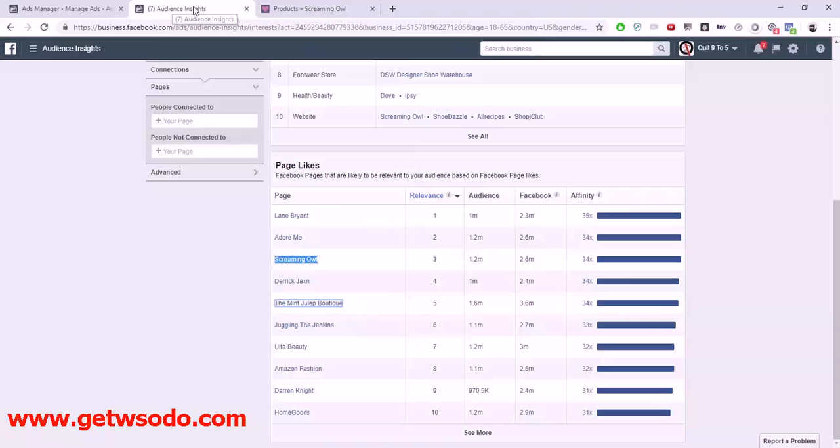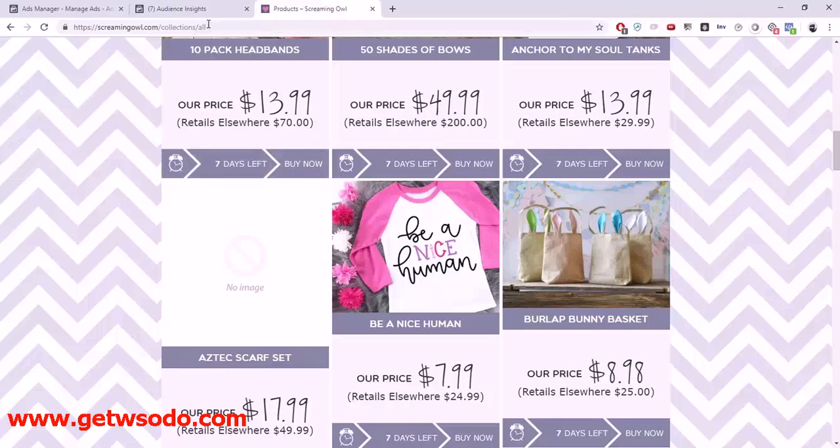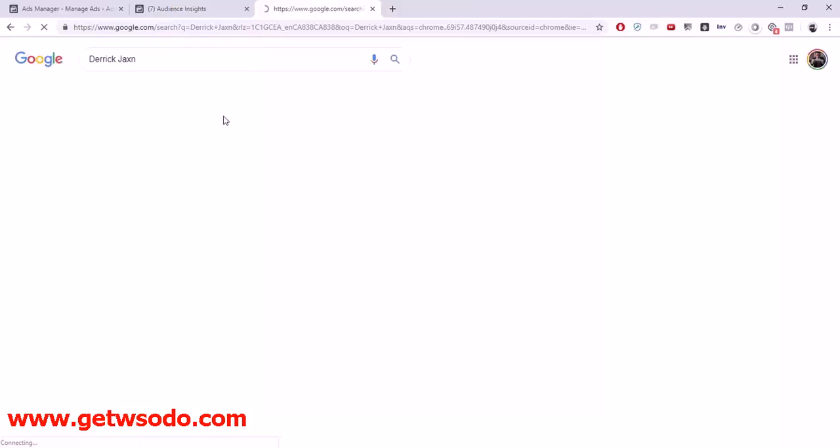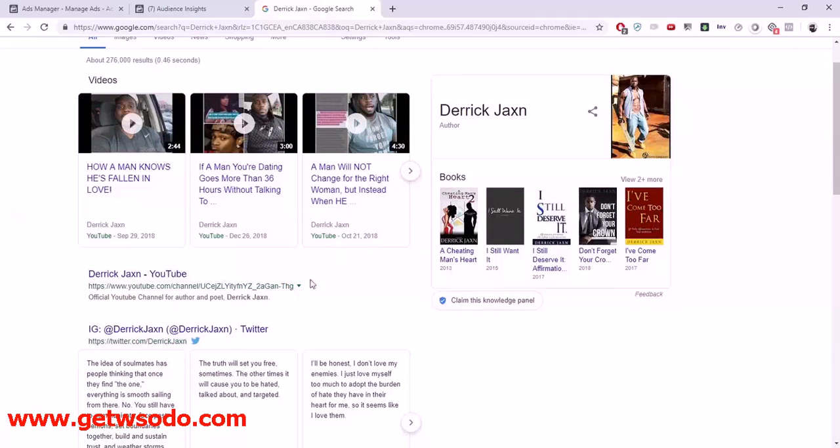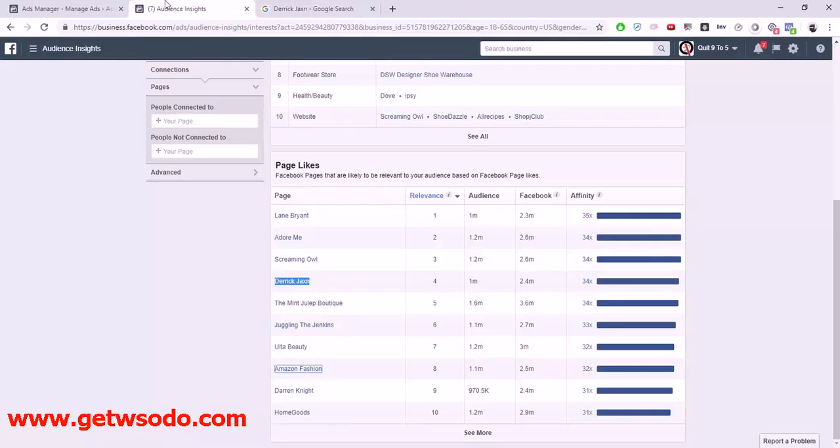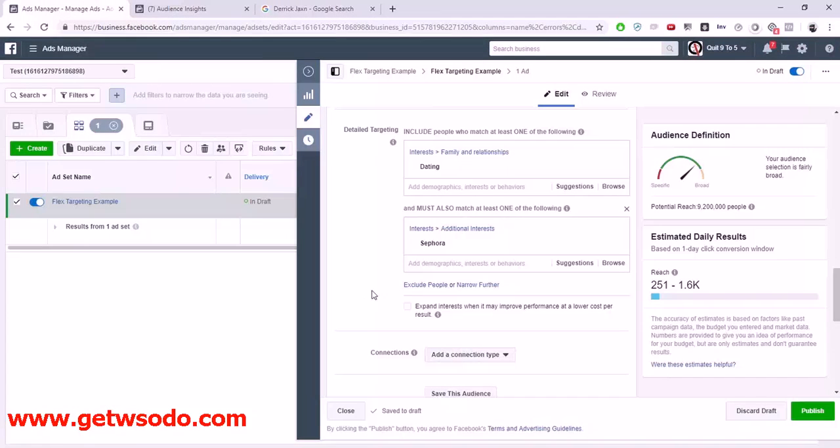Okay. So maybe not this one. Derek Jackson. Don't really know what that is either. So apparently he's an author. A Cheating Man's Heart. I still want it. I deserve. So this seems like women's romance novels. So that one, I would say, is a really juicy one.